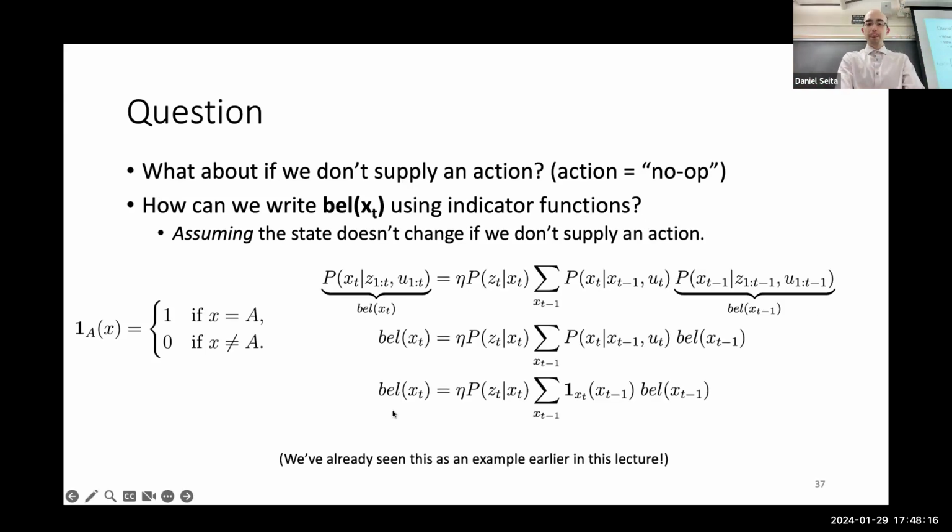If you want, you could write something like this. If the state doesn't change, if you don't supply an action, then you could rewrite this probability as an indicator function. Again, this would be if it's a noiseless thing. This indicator function would be 1 if xt is equal to xt minus 1.